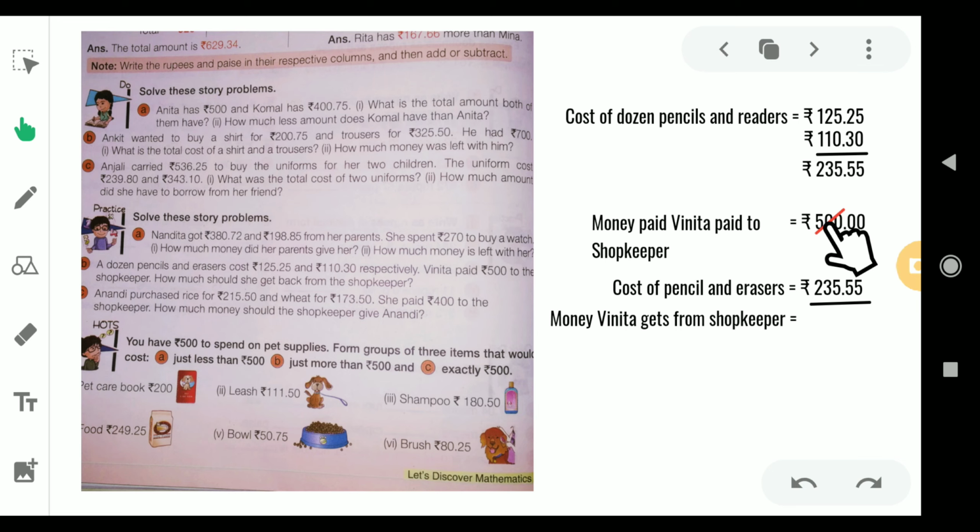So it can be written as 499, and that remaining 1 rupee has been converted to paise and written as 100. Now 100 minus 55 will be 45, and when you subtract 235 from 499 it will be 264. So this is the money she will get back from the shopkeeper after purchasing pencils and erasers.